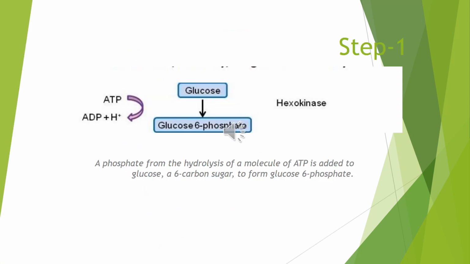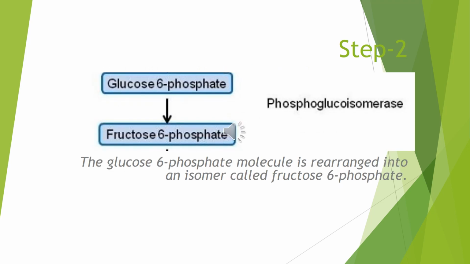Step 1. Glucose is first converted into glucose 6-phosphate by the reaction with ATP. This reaction is irreversible and it is catalyzed by the enzyme hexokinase and requires Mg++ as cofactor. Step 2. Glucose 6-phosphate is then isomerized to fructose 6-phosphate by the action of the enzyme phosphoglucoisomerase.